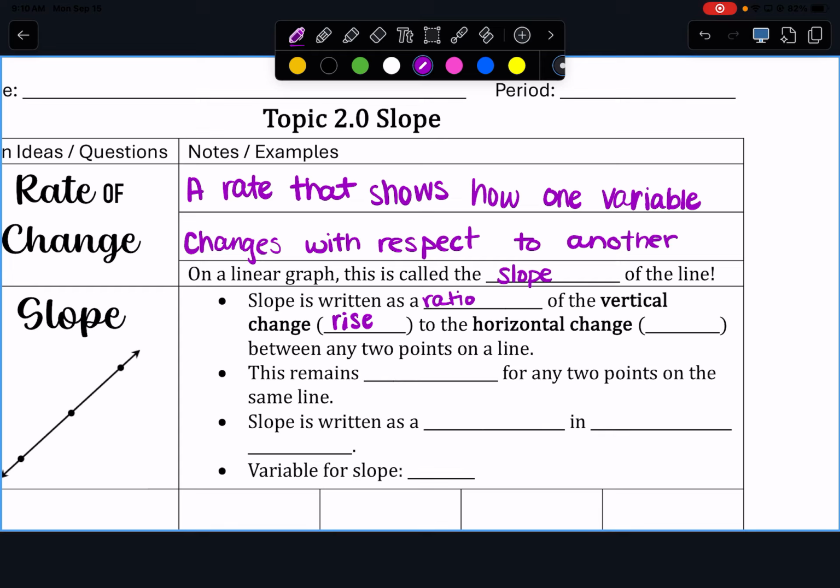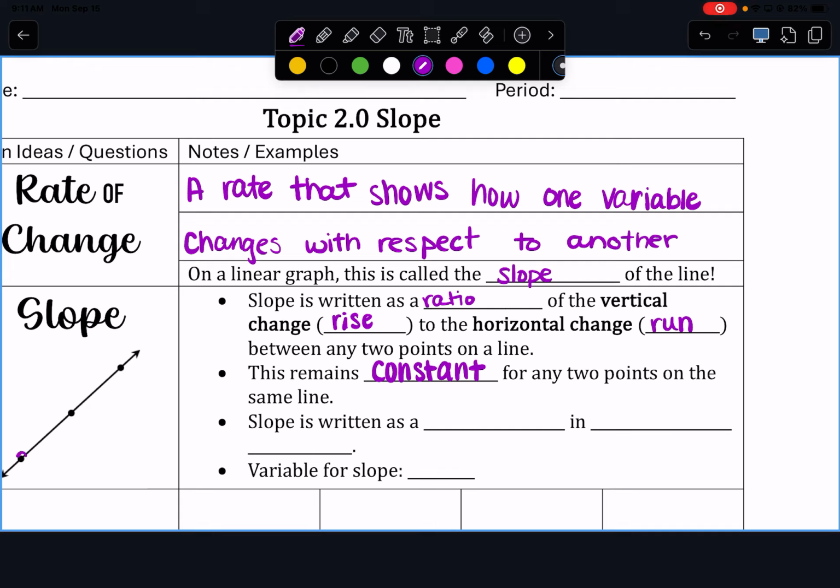So it's the ratio of the vertical change to the horizontal change, which is the run, between any 2 points on the line. So this remains constant for any 2 points on the same line.